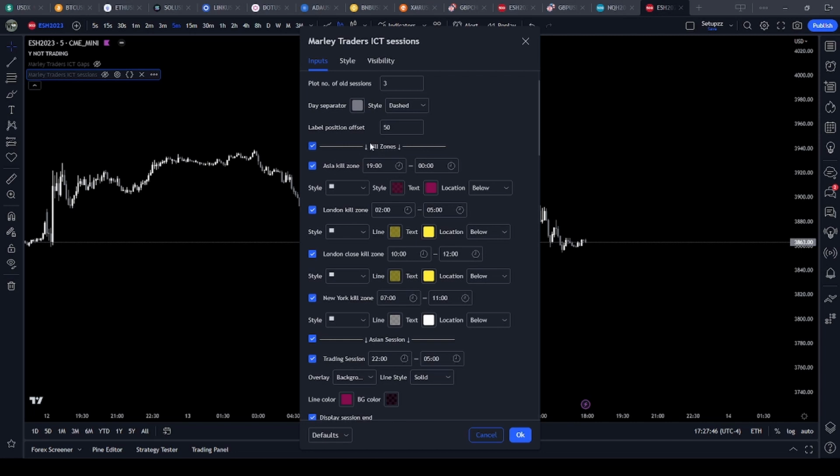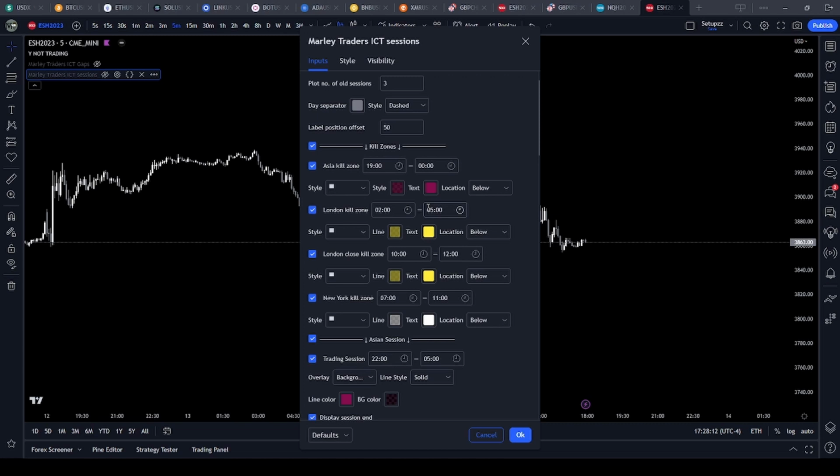We're starting off with the key zones because the key zone is very important. You will see later in this video how we use it. First you have the London key zone, which is 2 to 5 a.m. New York time, since the settings here are based off of New York time.